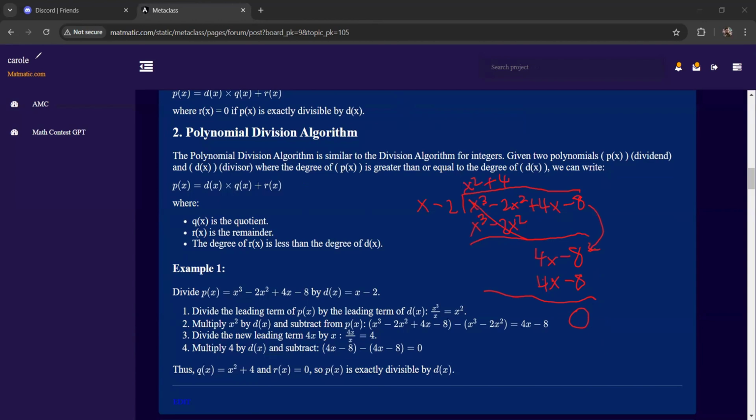So essentially our quotient q(x) is equal to x to the power of 2 plus 4.